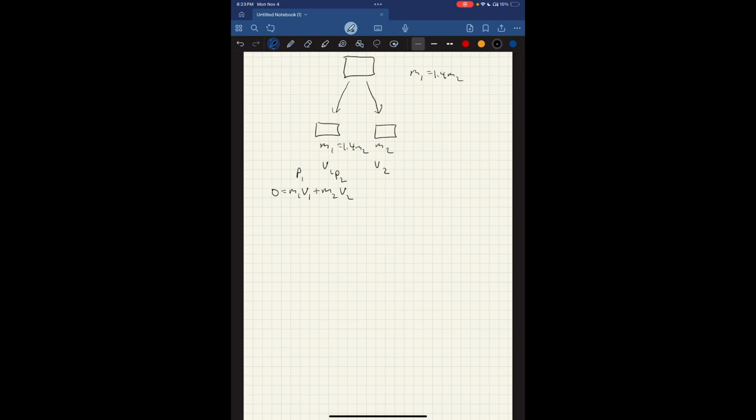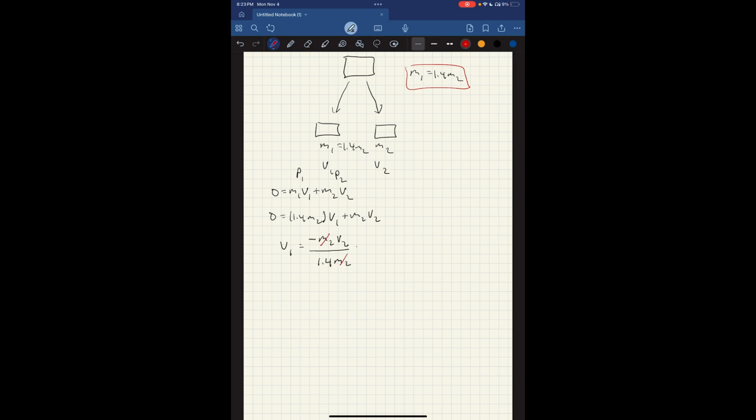Solving this equation, we will plug in our known masses. We said that m1 is equal to 1.4 times m2, so we can substitute m2 right into the equation. Instead of m1, we have 1.4 m2 v1 plus m2 v2. Solving for v1, v1 is equal to negative m2 v2 over 1.4 m2.